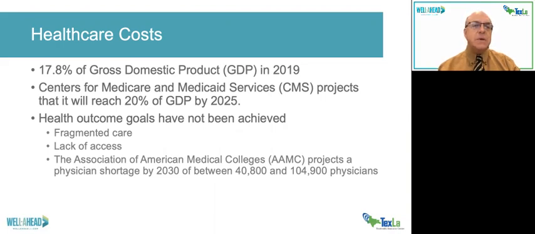But what is concerning is that health outcome goals have not even been achieved. Even though we're spending that much money, we are not achieving the healthcare goals that we should be achieving. And there are some reasons for that. Part of that is the fragmented care that our system currently has.